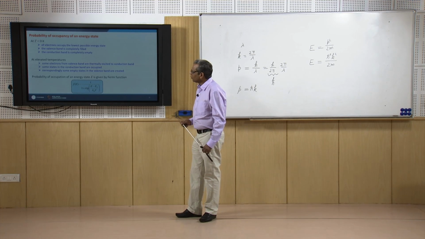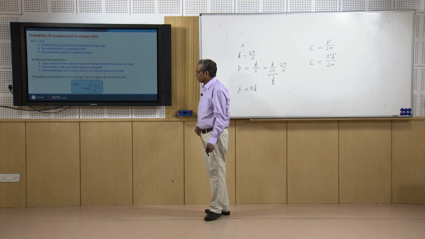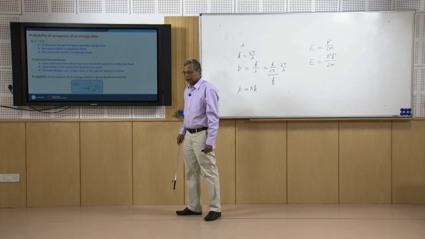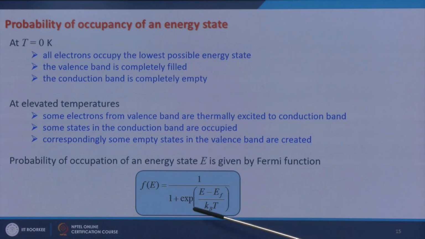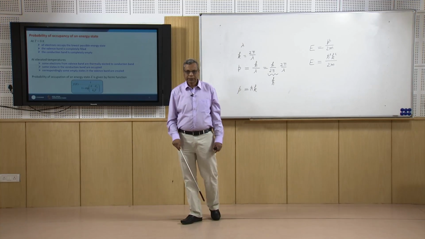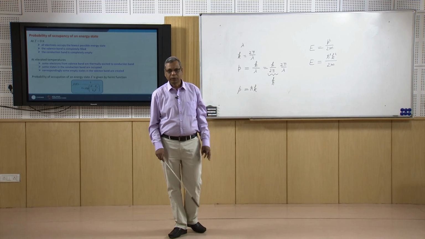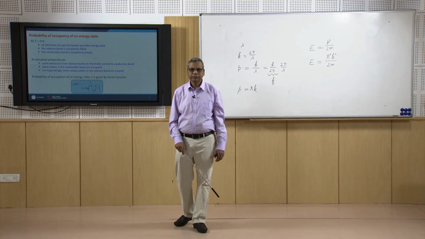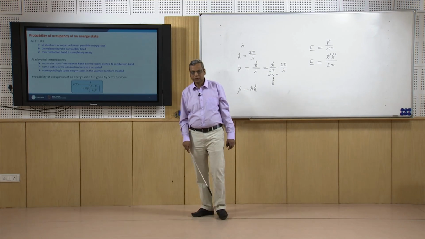Then the probability of occupation of energy state E is given by a function which is known as the Fermi function, and is given by F(E) equal to 1 over 1 plus exponential (E minus Ef) over kBT. This kind of statistical distribution helps us to understand the properties of a semiconductor and the electrical and optical characteristics of a semiconductor.